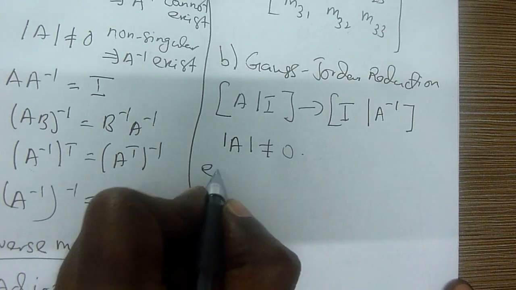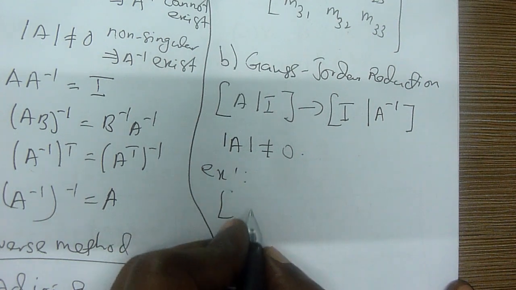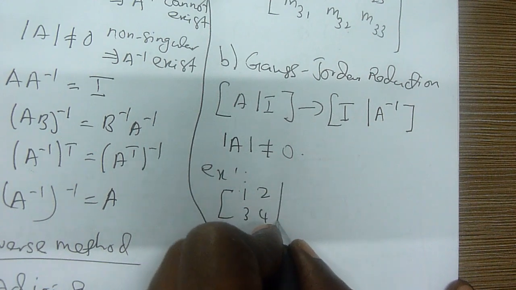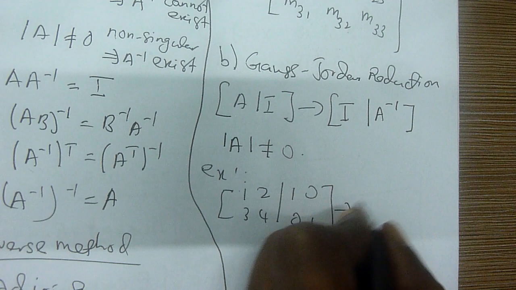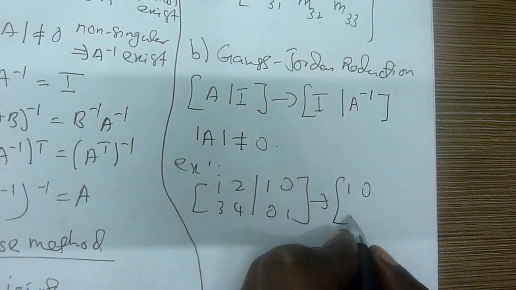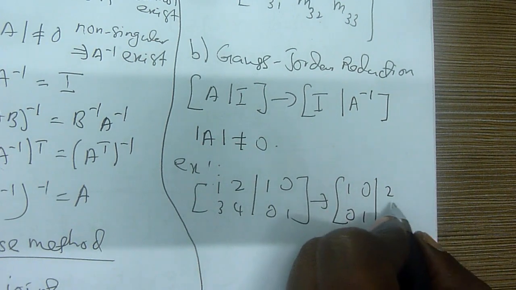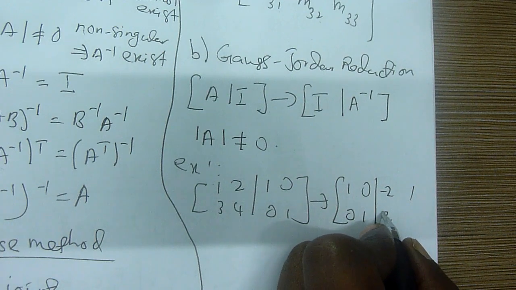Okay, the example, a quick one. The simple example that I showed you just now is A equals 1 2 3 4, with the identity 1 0 0 1. You can exchange it back to this 1 0 0 1, and you get 2, 1, 3 over 2, and negative 1 over 2. Sorry, the first one is not a negative.